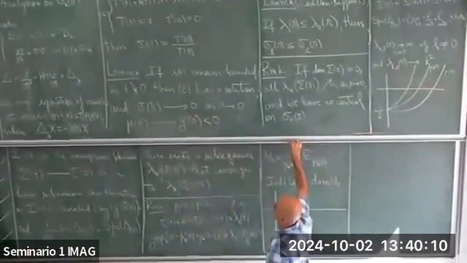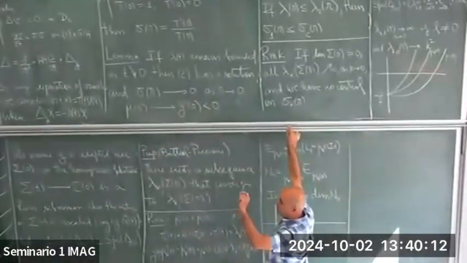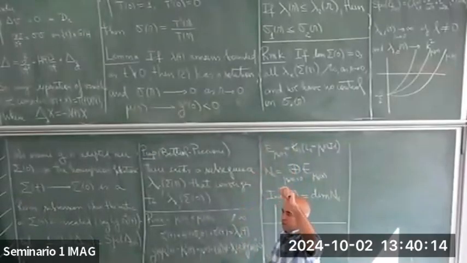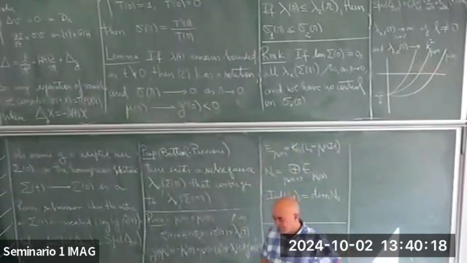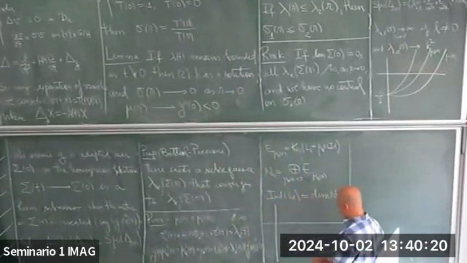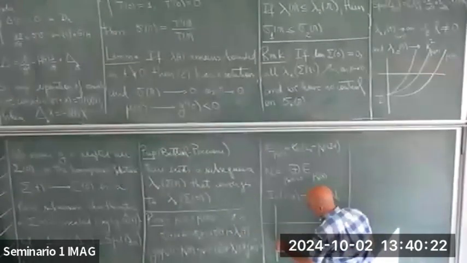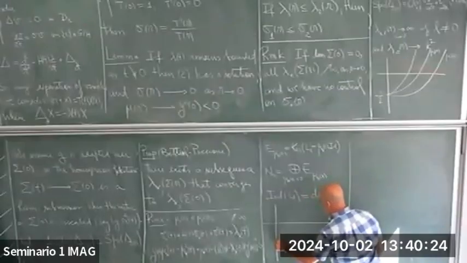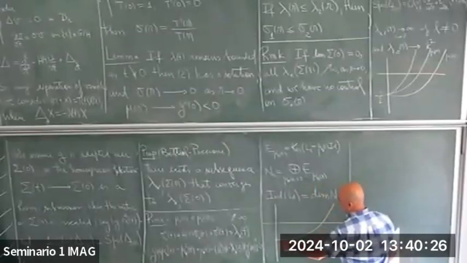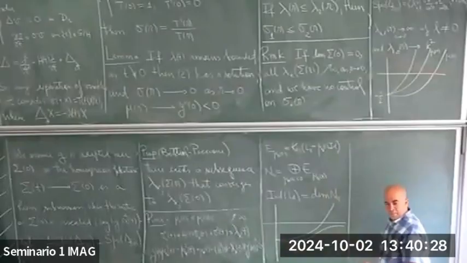Okay, so when you have lambda k convergent, sigma k goes to 0, mu k goes to a negative number. So we have something like that. Maybe one of them, another one I don't know.